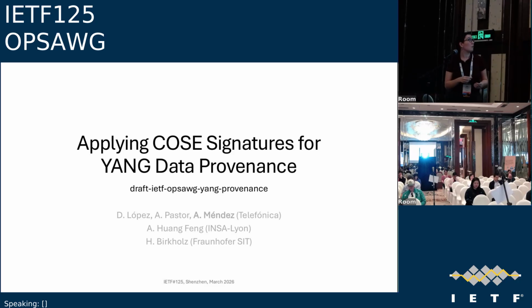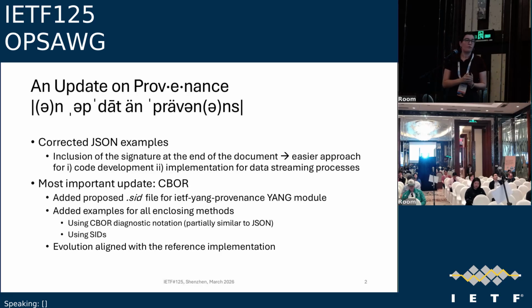So we are going to present some of the updates for this draft on applying signatures for YANG data provenance. First of all, in Montreal, they gave us some suggestions for the correction of the JSON examples.